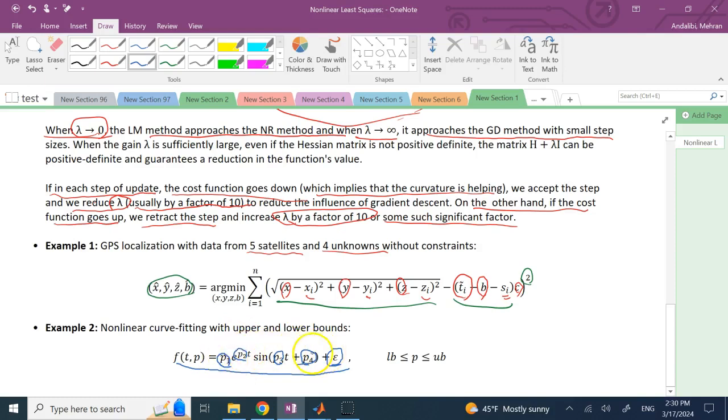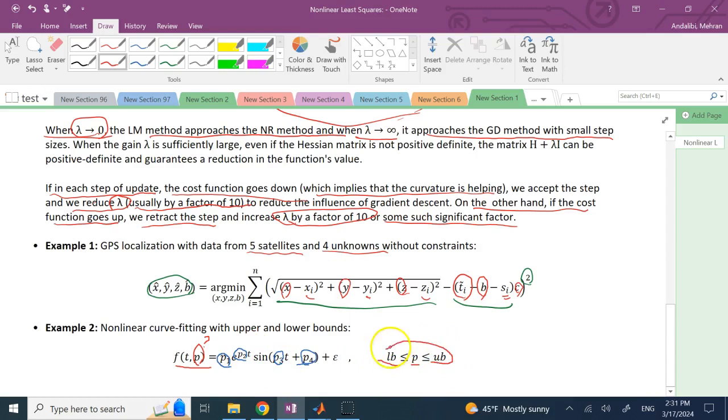So if I want to estimate these 4 parameters, right? Clearly you see that my function in terms of p, which is the vector of unknowns, is a nonlinear function. You see p exponential of p sine of p. And not only that, I want my p to be between some lower bound and some upper bound.